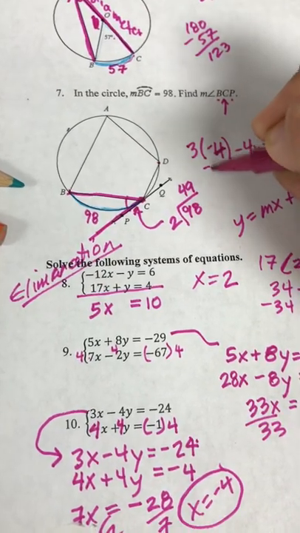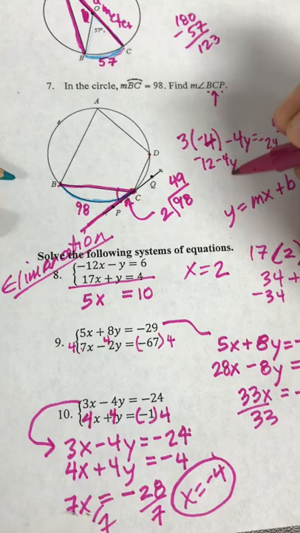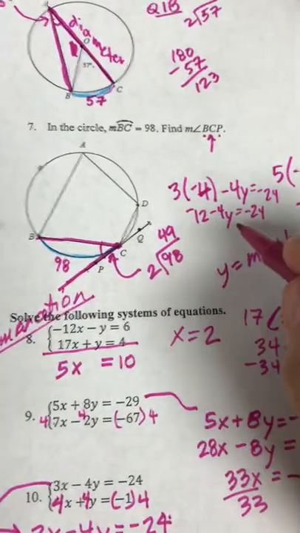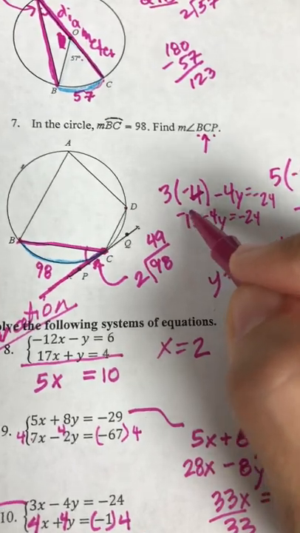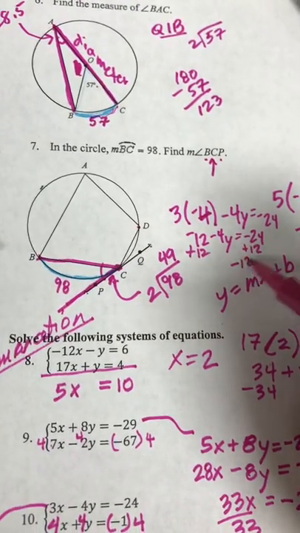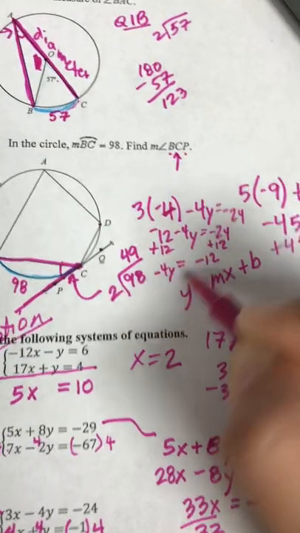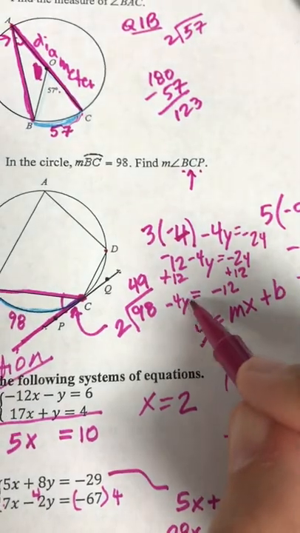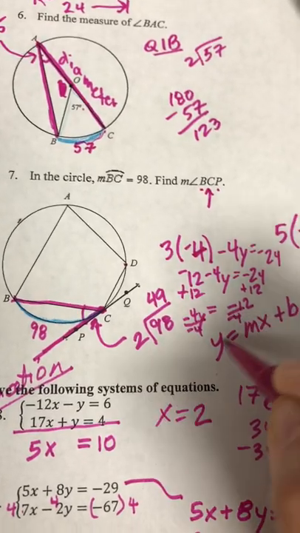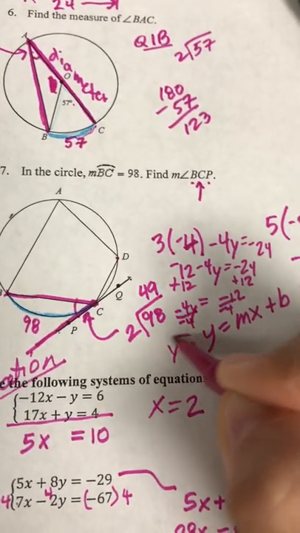So 3 times negative 4 would be negative 12. Add 12 to both sides, I get negative 12. So negative 4y equals negative 12. If I divide by negative 4 on both sides, I get y is 3.